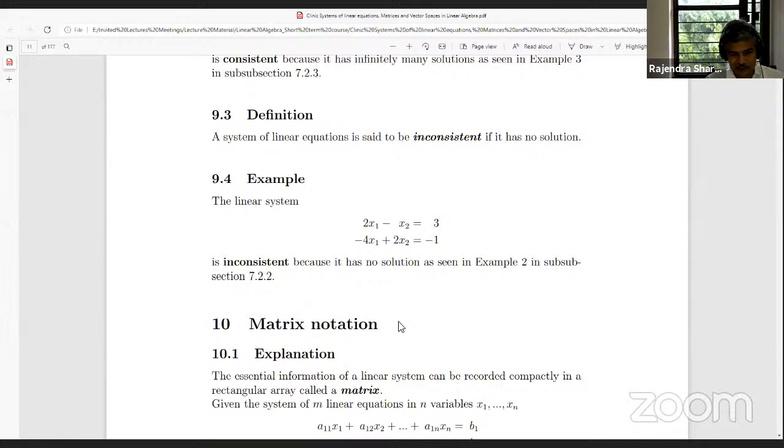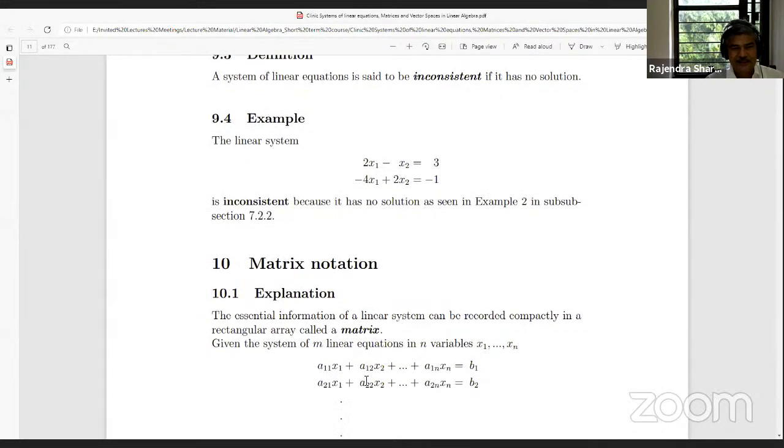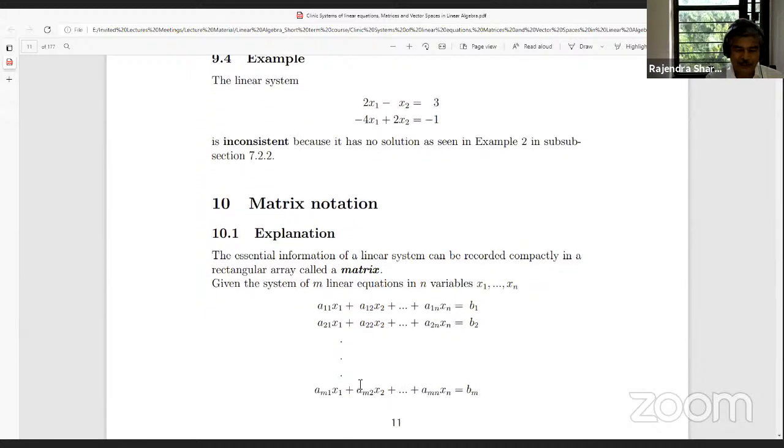Well, matrix notation. The essential information of a linear system can be recorded compactly in a rectangular array called a matrix. That's how we introduced it in the beginning. So given the system of m linear equations in n variables, we write all the equations as follows. a11x1 plus a12x2 plus up to a1n(xn) equal to say b1 and so on.